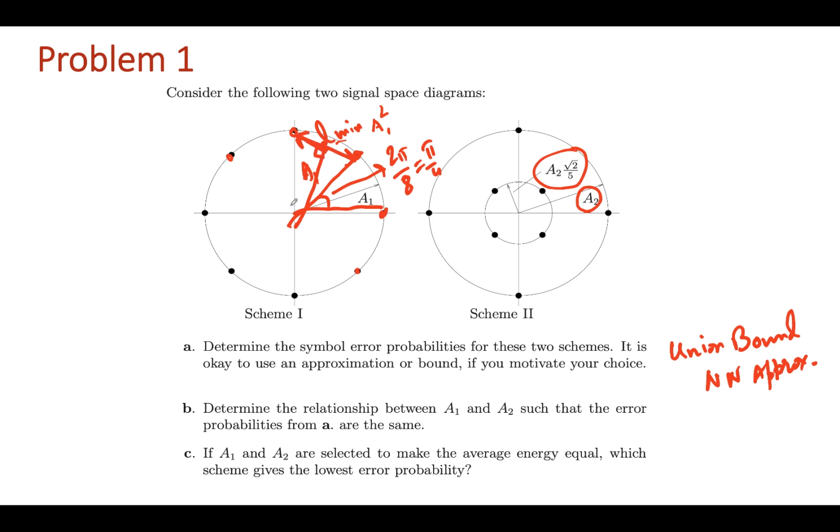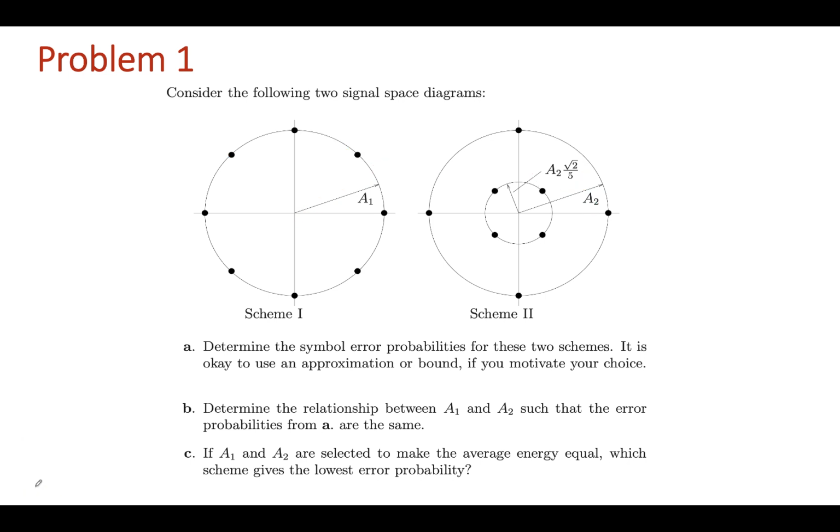Okay, so let me clear this, and then let's say this is your d min. Okay, and if you drop a perpendicular, the total angle is pi by 4, and these individual bisected angles are pi by 8.